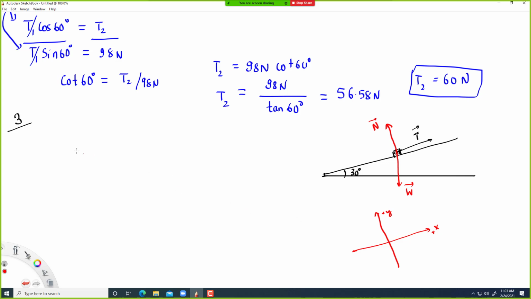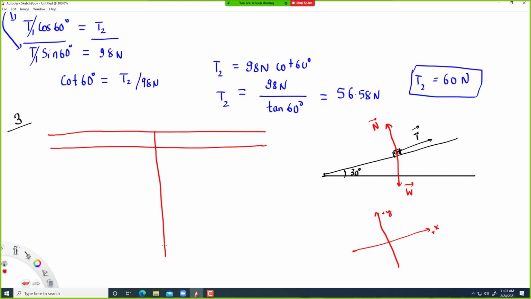So let's write x and y components for these forces, because all we want to do is add x forces and add y forces and equate them to 0, because it's in equilibrium. This is again the equilibrium condition, meaning we can use sum of forces in x to be 0 and sum of forces in y to be 0. That's the concept.